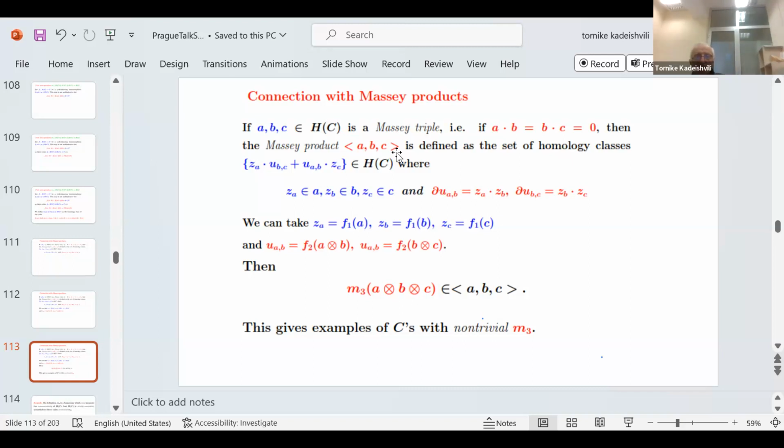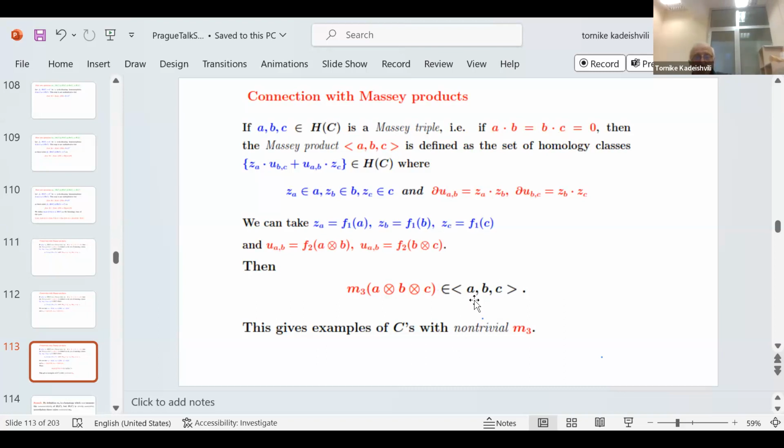It is defined only when AB equals 0 and BC equals 0. Not all triples, but for some triples, and it is not uniquely determined. So it is a set. And I have shown that my operation M3 from my minimality theorem is an element from the Massey product.